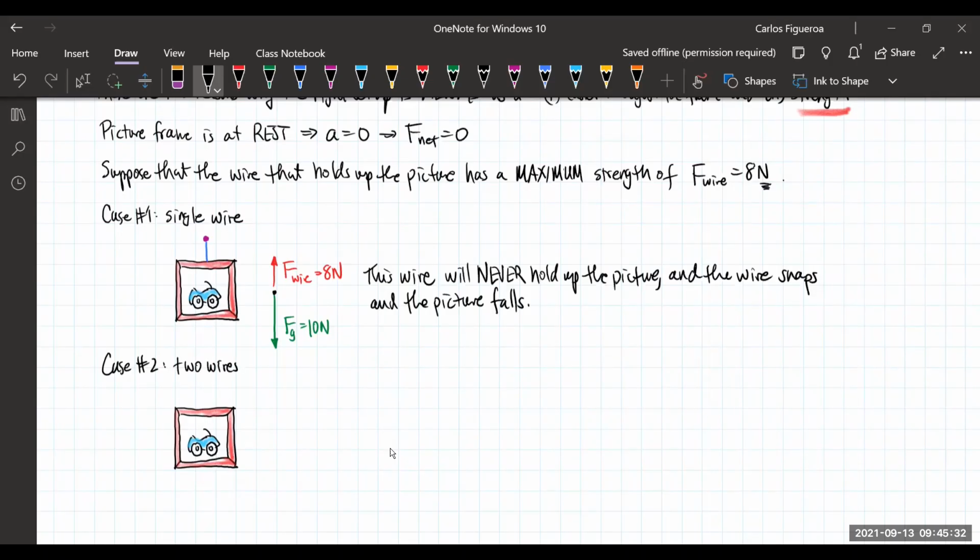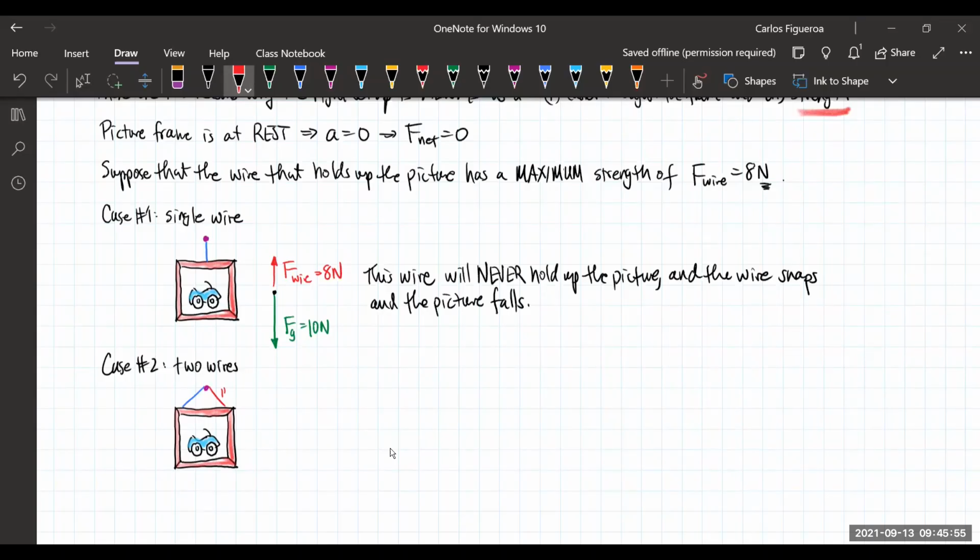Believe it or not, it acts like 2 wires. So what that means here, one of these is a blue wire and the other one is, let's say, a red wire.